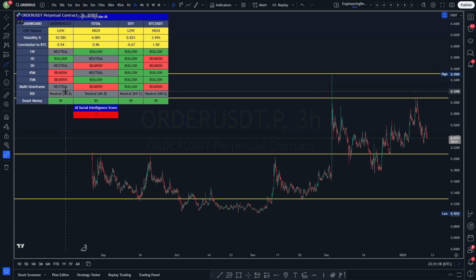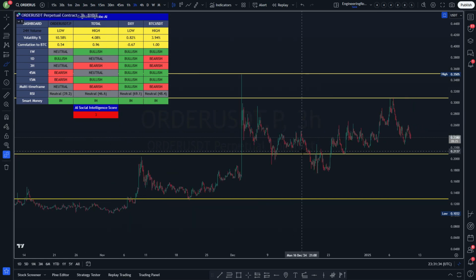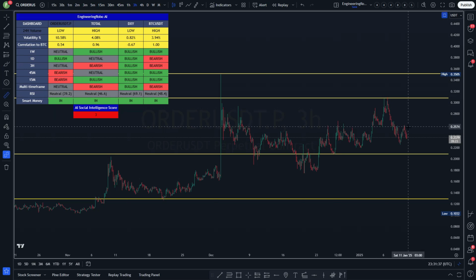Multi-time frame is neutral, so it's not potentially the best time to buy. We're not buying it on momentum, and the volume is low. So something definitely to be tracking. This is a concern for me. There's not much chatter, so it could drop a little bit further before actually turning around. When I say further, we're looking at another 10%. So I think the 20 cents area is probably a better price point.